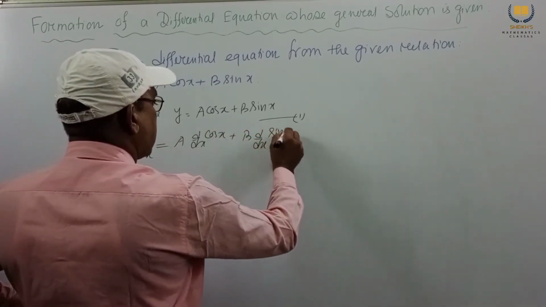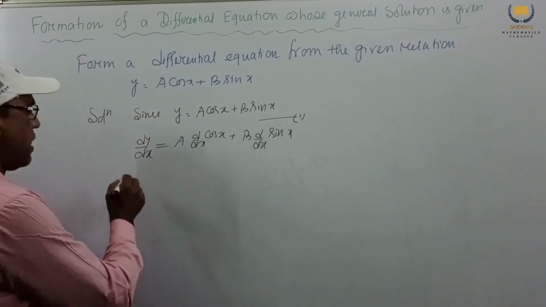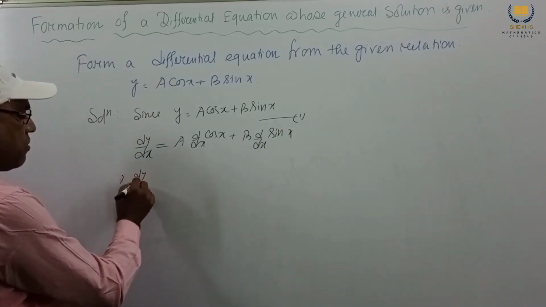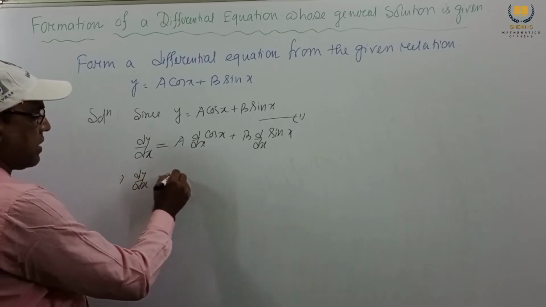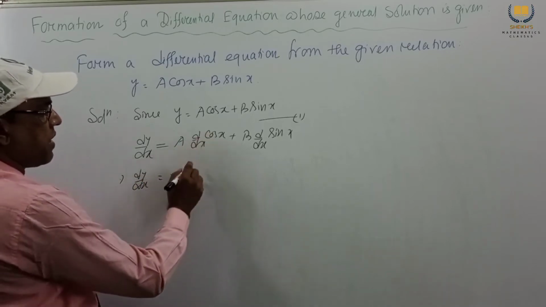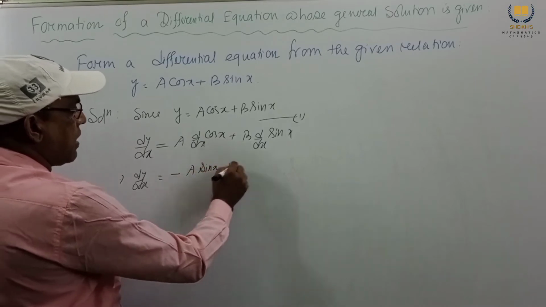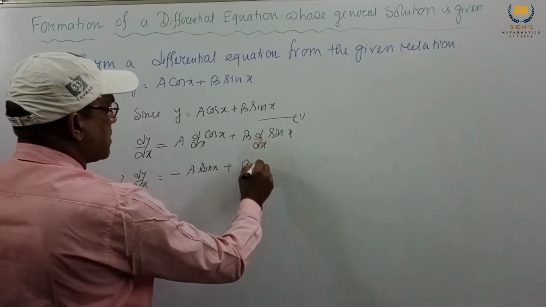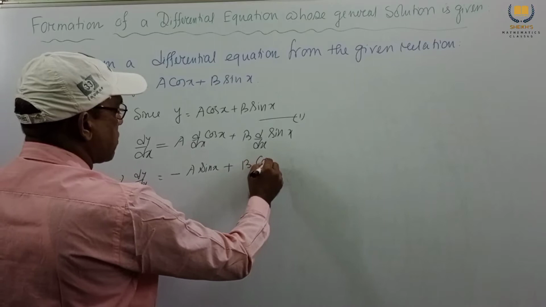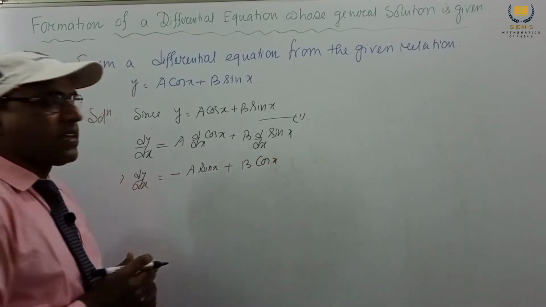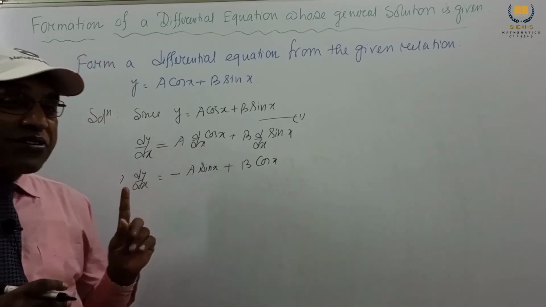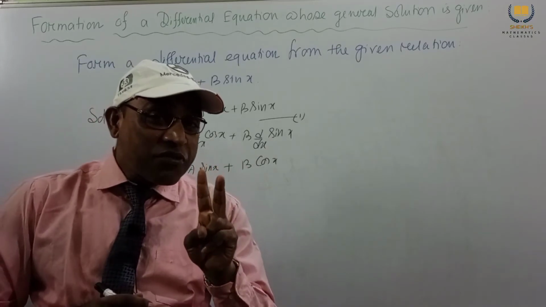We get dy/dx equal to minus a sin x plus b cos x, since d/dx of cos x is minus sin x and d/dx of sin x is cos x. But our target, how many times we have to differentiate?